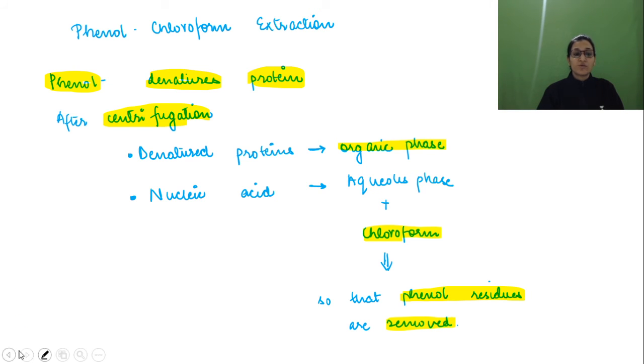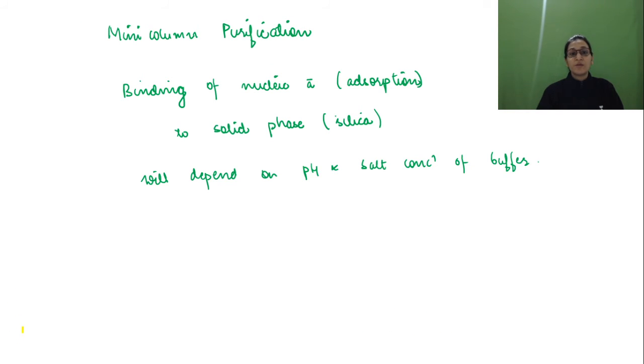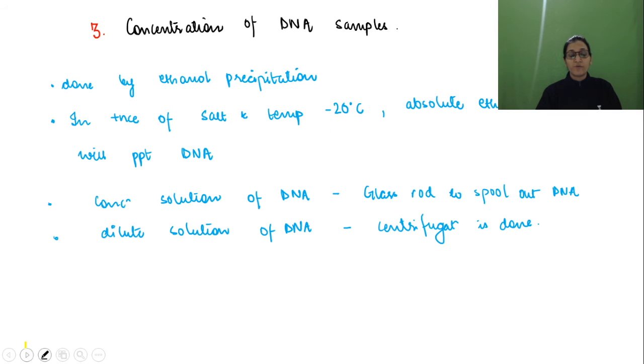Then mini-column purification is done, that is binding of nucleic acid to the solid phase, and the binding depends on the pH and salt concentration of the buffer. Then concentration of the DNA sample is done by again ethanol precipitation.